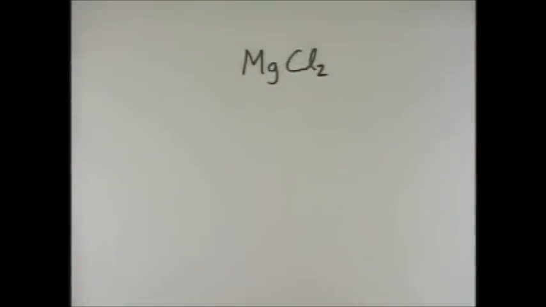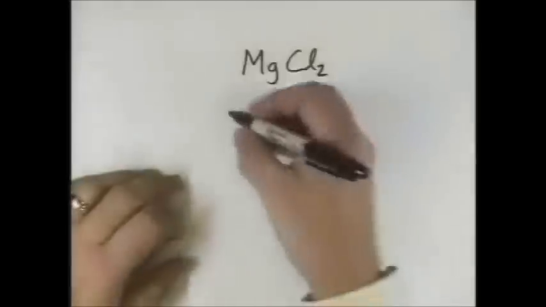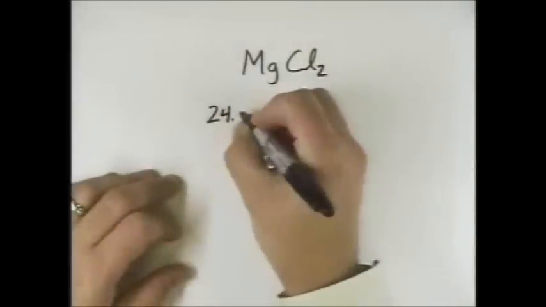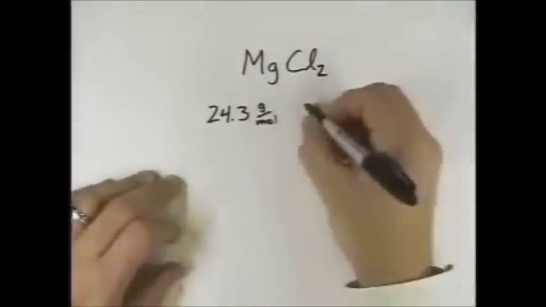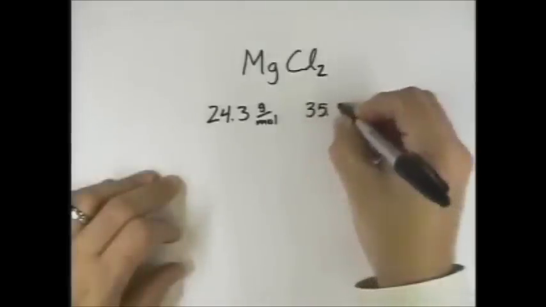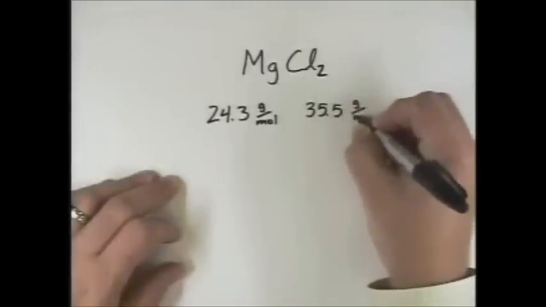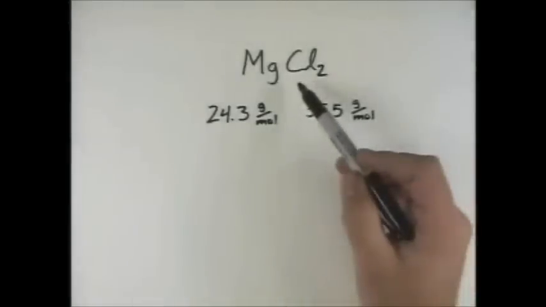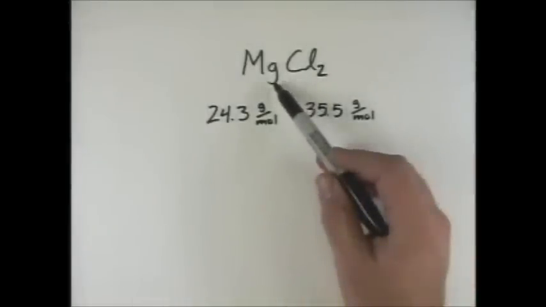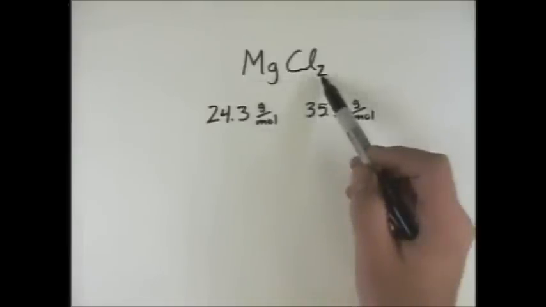To find the molar mass of magnesium chloride, we will add up the molar masses of magnesium and chlorine. Except, look at the formula. Each formula unit of magnesium chloride has 1 magnesium atom and 2 chlorine atoms.